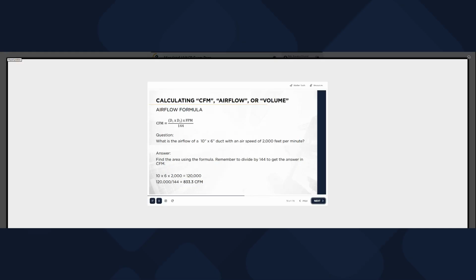What is the airflow of a 10-inch by 6-inch duct with an airspeed of 2,000 feet per minute? Find the area using the formula. Remember to divide by 144 to get the answer in CFM. 10 times 6 times 2,000 equals 120,000. 120,000 divided by 144 equals 833.3 CFM.